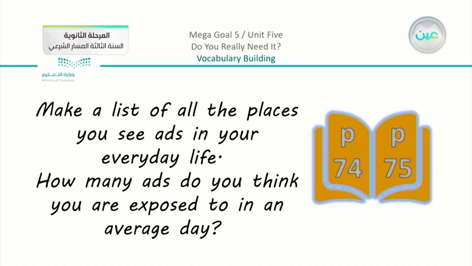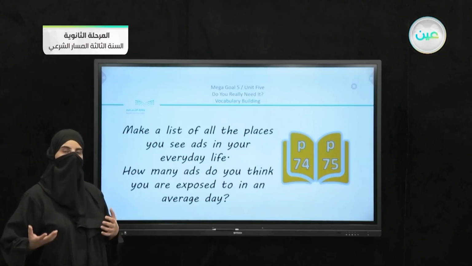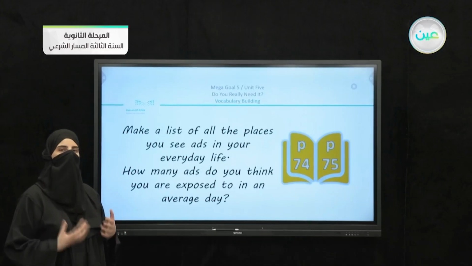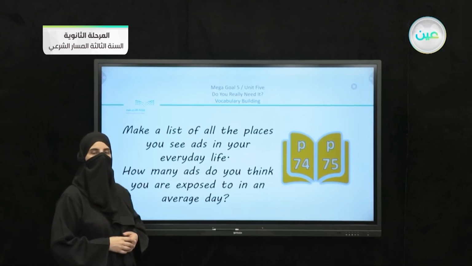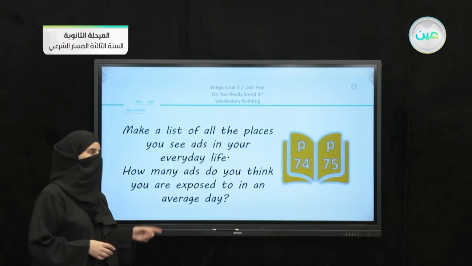Make a list of all the places you see ads in your everyday life. How many ads do you think you are exposed to in an average day? So these are the assignments. Just think about different ads, and also how many do you think you are exposed to? And we are going to discuss this part, inshallah, in our next lesson, which is the reading lesson.